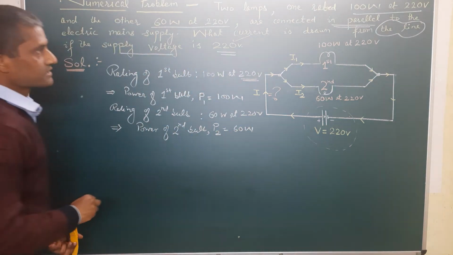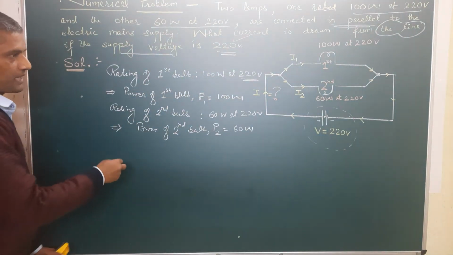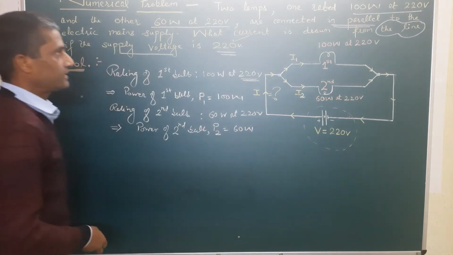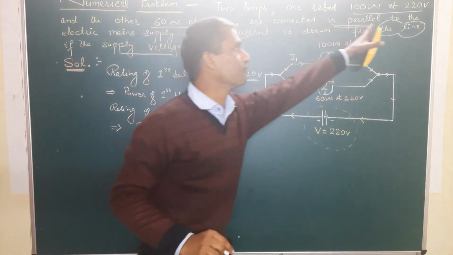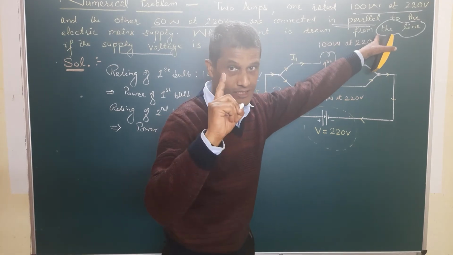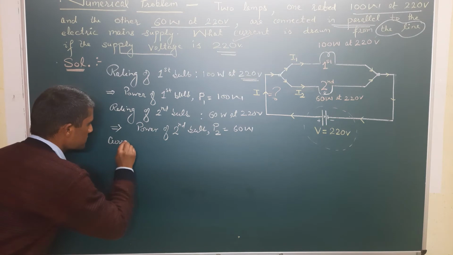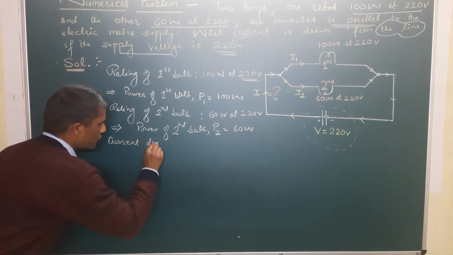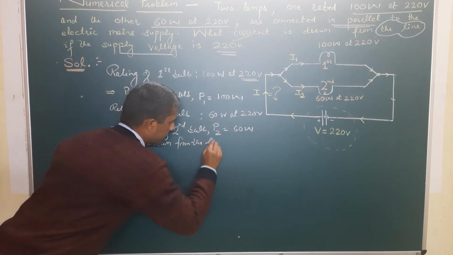Next it is asked that they are connected in parallel to the electric main supply line. This is the electric main supply line. What current is drawn from the line? The current drawn from the line is the total current flowing in the circuit. So this is what is asked here: current drawn from the line.